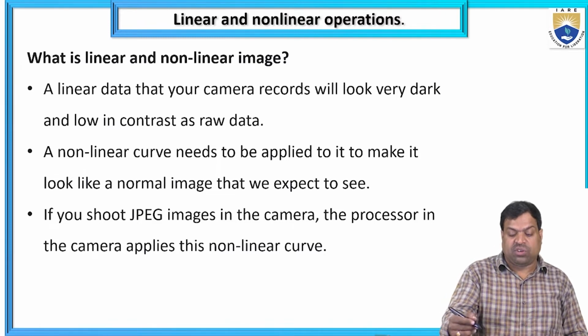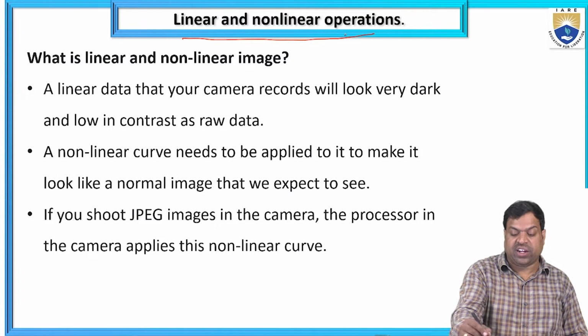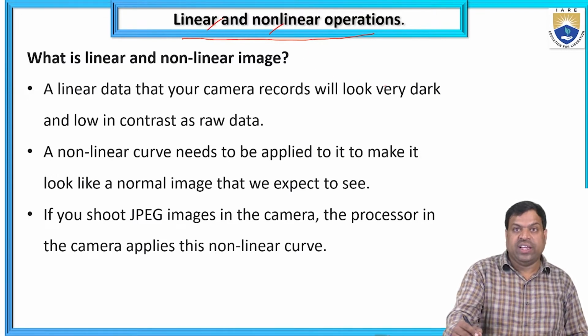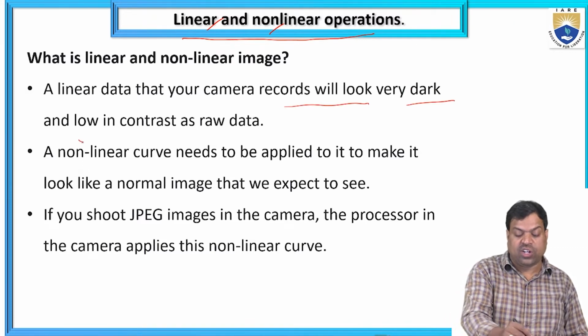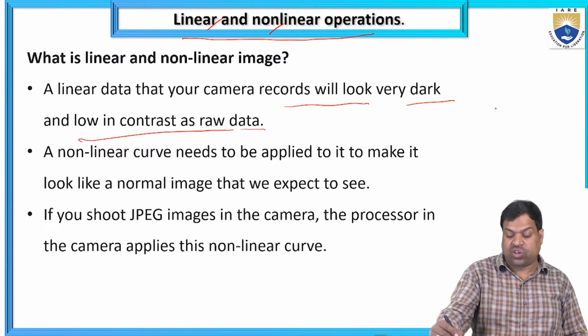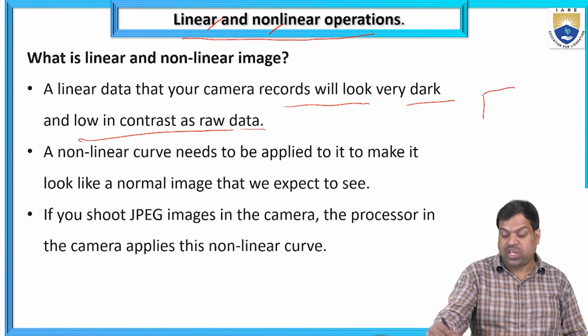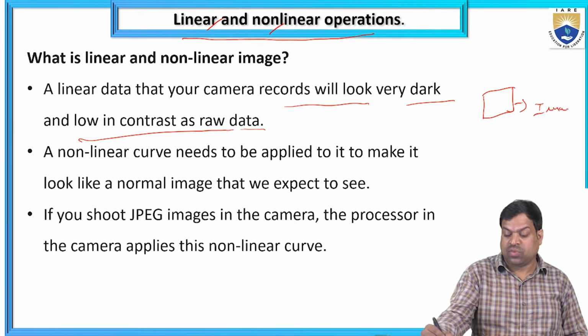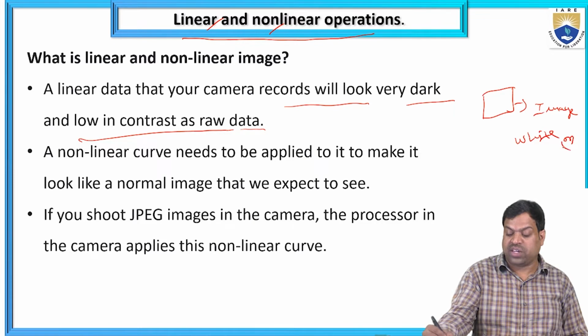Before going to that, what is linear and what is non-linear? Linear data that your camera records will look very dark and low in contrast as raw data. Suppose I have an image that is in the form of black or white.